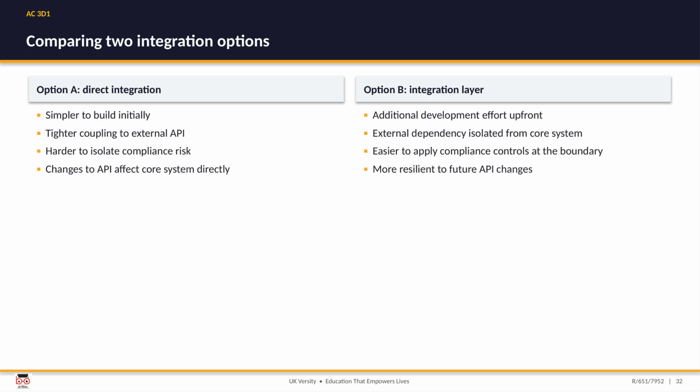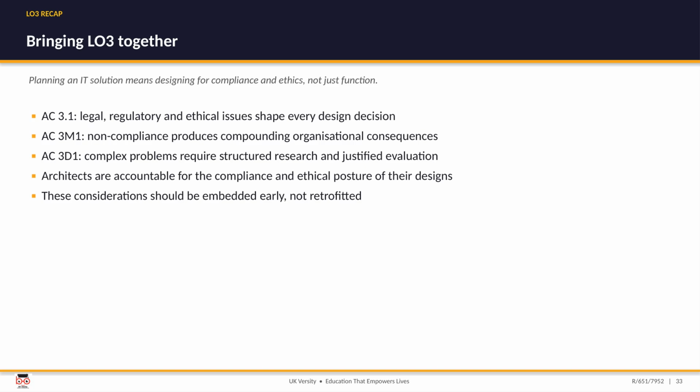Option B, an integration layer, takes more development effort up front, but it isolates the external dependency from your core system, lets you apply compliance controls neatly at the boundary, and is far more resilient to future API changes. That trade-off, quick to build versus robust and maintainable, is exactly the kind of reasoned judgment that distinction work rewards. Let's bring learning outcome 3 together.